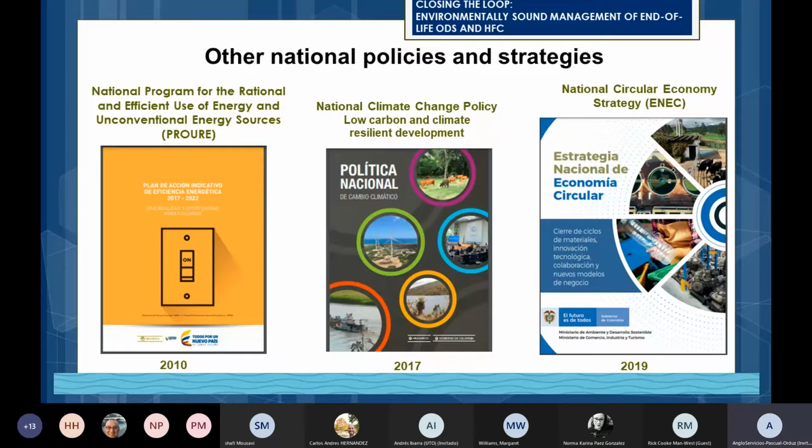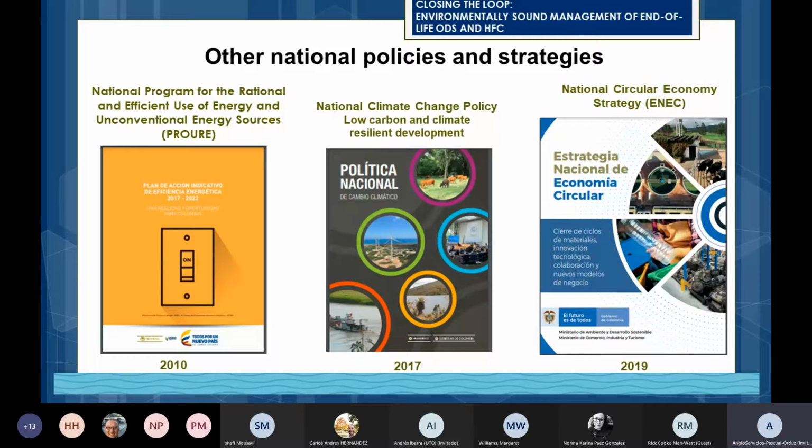And we have taken into account the National Program for the Rational and Efficient Use of Energy. And here there's an initiative to replace refrigerators and air conditioning units. We also have taken into account the National Climate Change Policy.